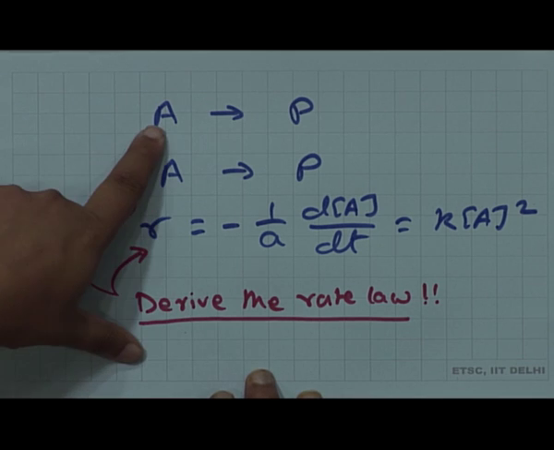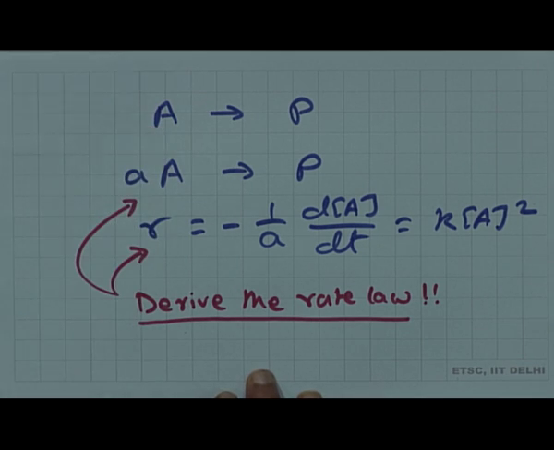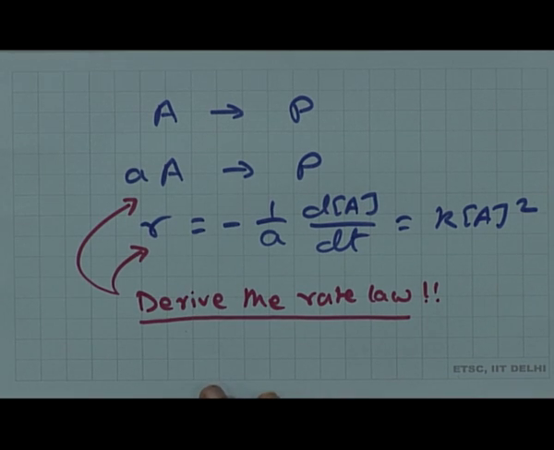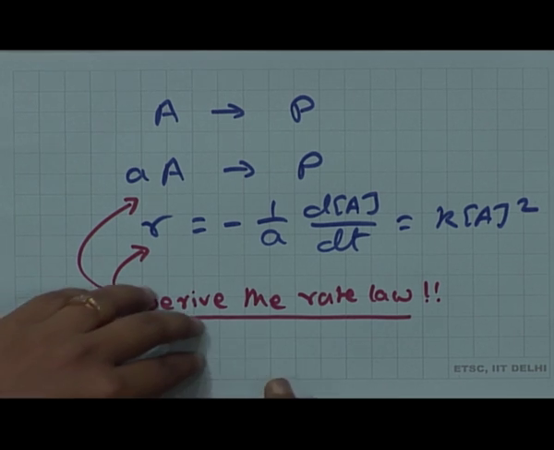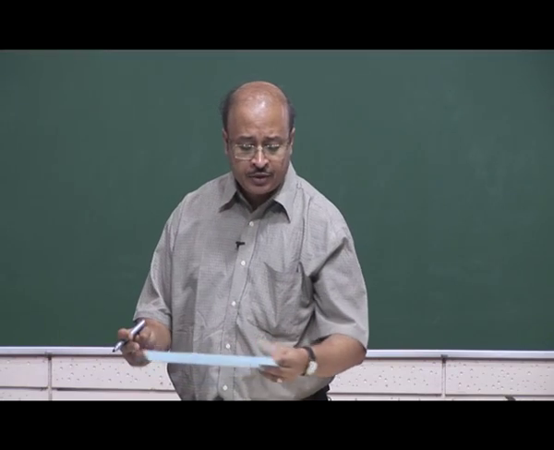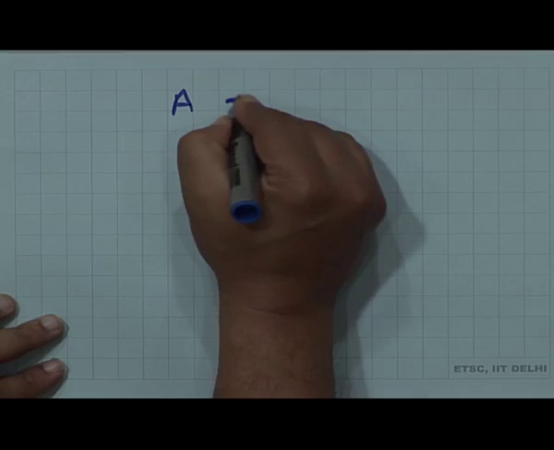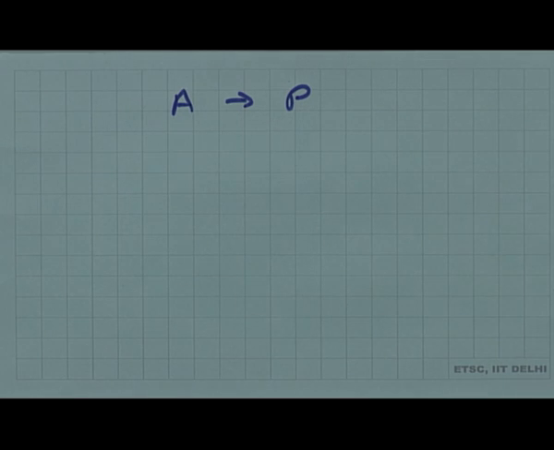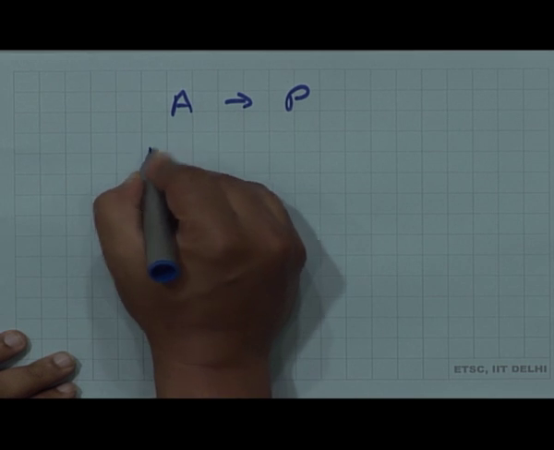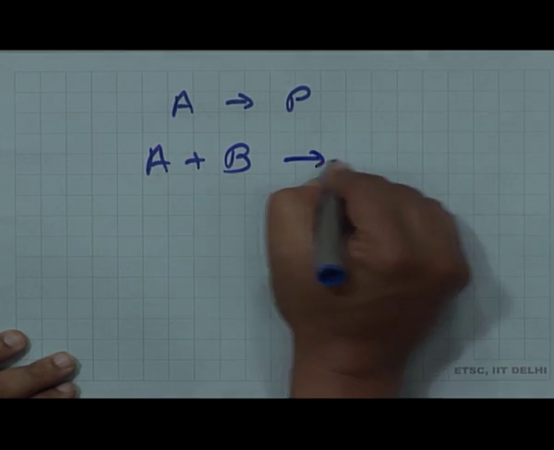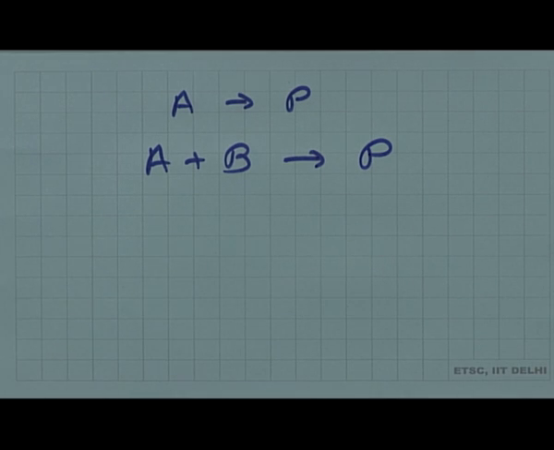If a is equal to 1, then I am coming back to this. If a is not equal to 1, say if a is equal to 2, a is equal to 3, whatever, then I have this thing that I have to take care of, and that is why you derive the rate law. Now, there is another point to this. Yes, we have done the single reactant case, A going to P. What about having two different reactants, for example A plus B going to P?